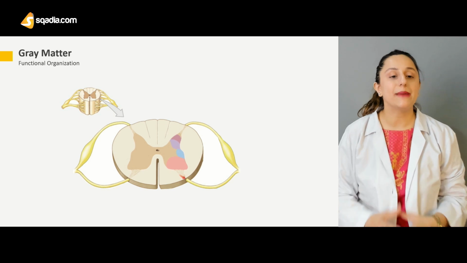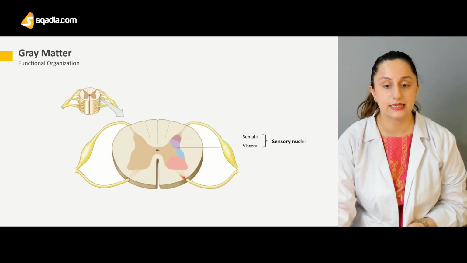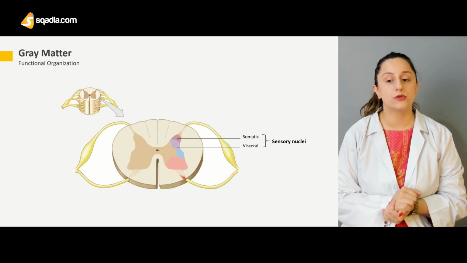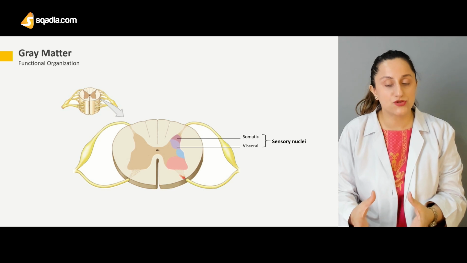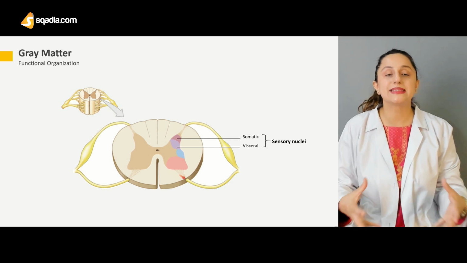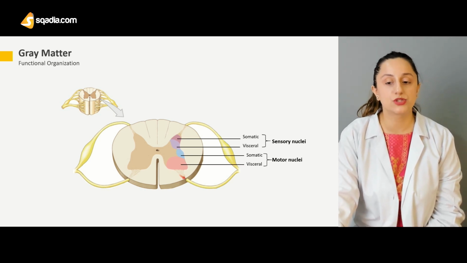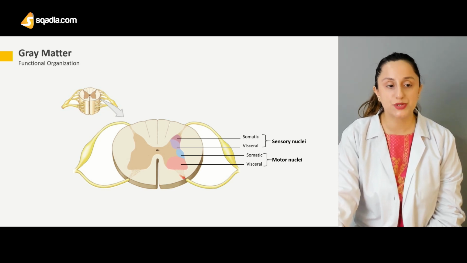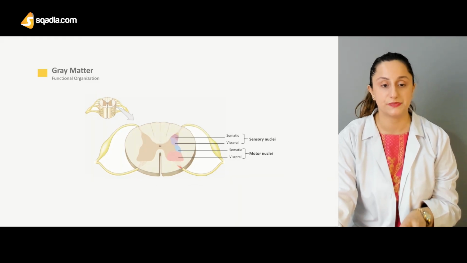Now, a more schematic representation of how the gray matter is organized: this is how the sensory nuclei are placed. We have somatic sensory nuclei, and then visceral sensory nuclei that innervate the different organs. Then we have the motor nuclei, which are again subdivided into somatic and visceral nuclei, and this is in particular with the gray matter.